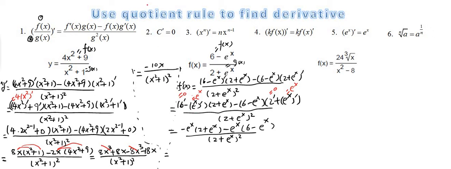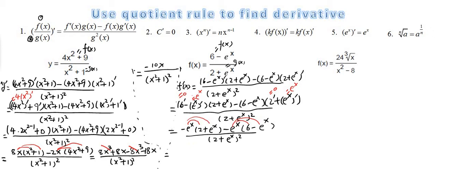We have negative e^x times 2, negative e^x times e^x, e^x times 6, e^x times negative e^x. Okay, negative e^x times 6, negative e^x times negative e^x.